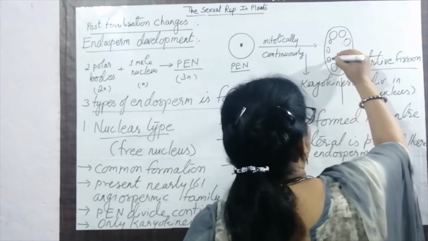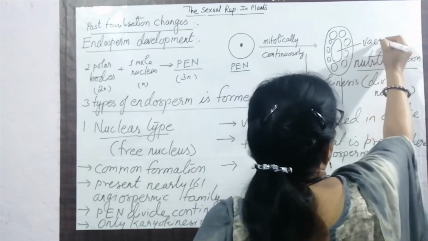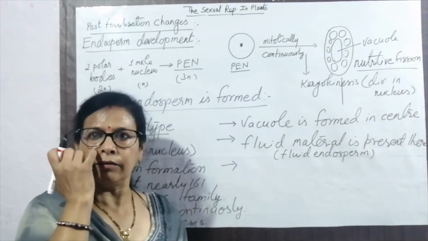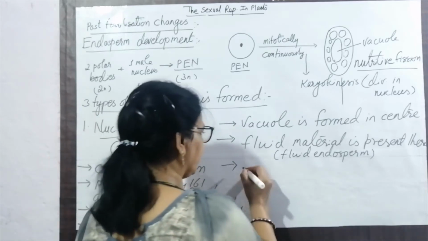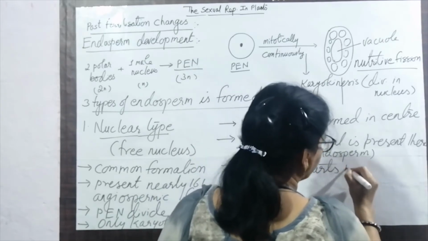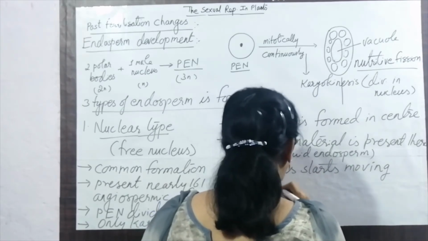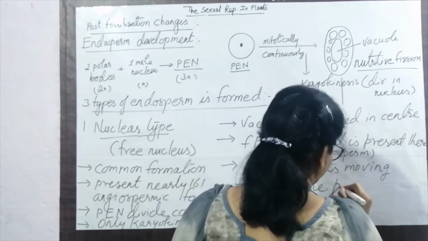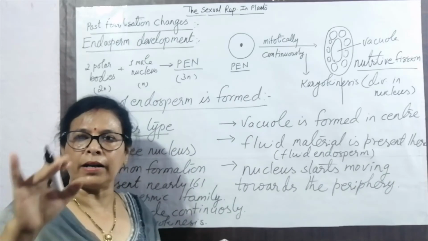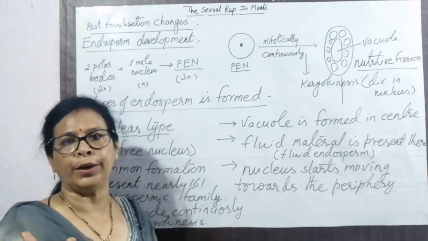The middle part gets vacated, and the vacuole is formed there. The central part is vacated for the collection of the fluid endosperm.